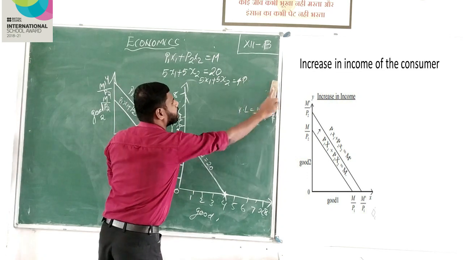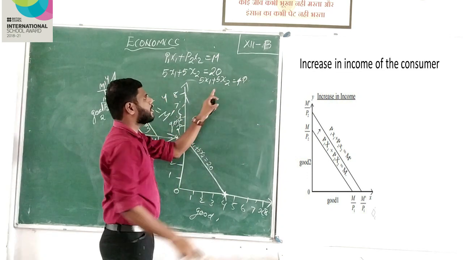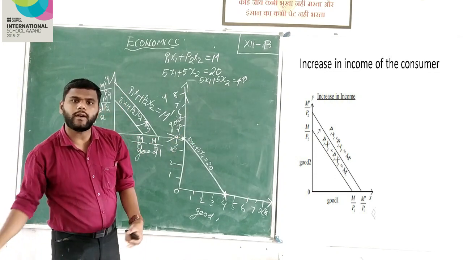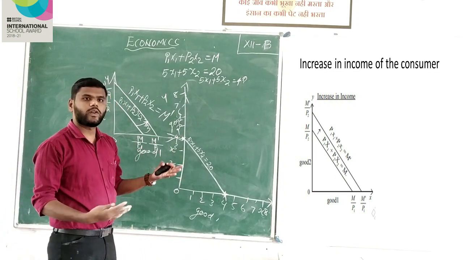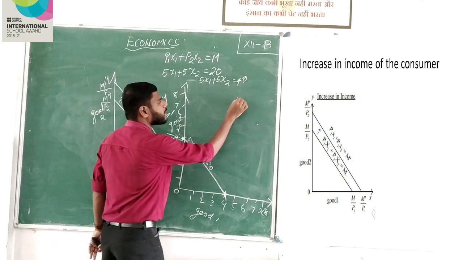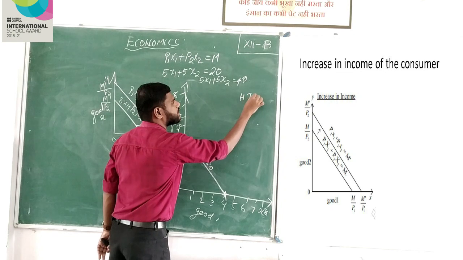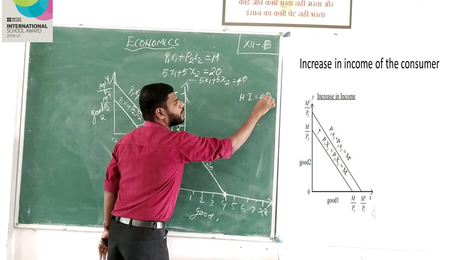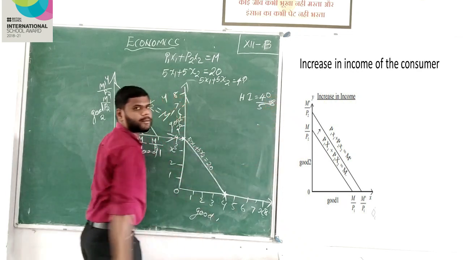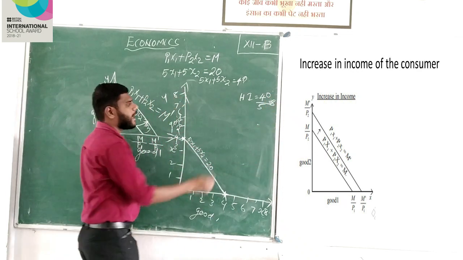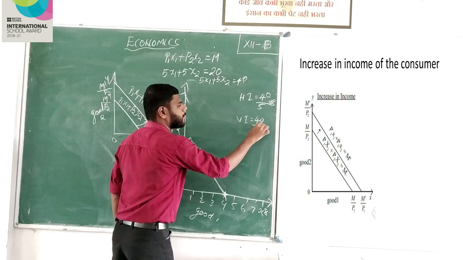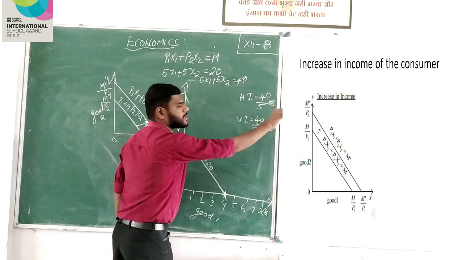That means with that 40 rupees, he is purchasing both commodities. Now we can find the horizontal and vertical intercept with this equation. The horizontal intercept is equal to 40 divided by 5, that is 8. And the vertical intercept is 40 divided by 5, that is 8.